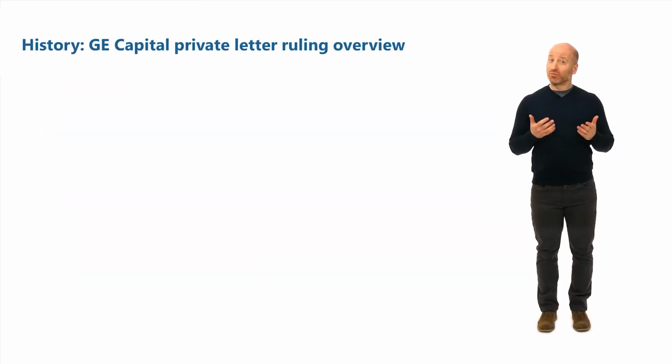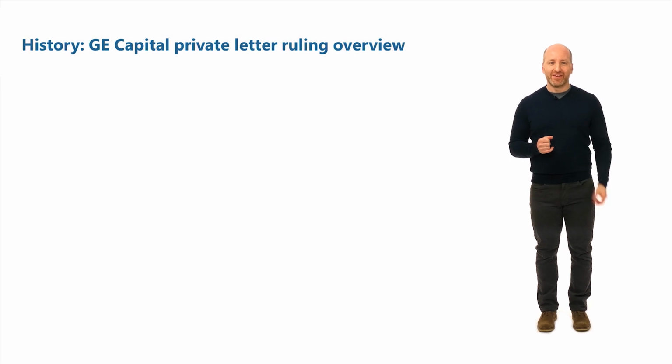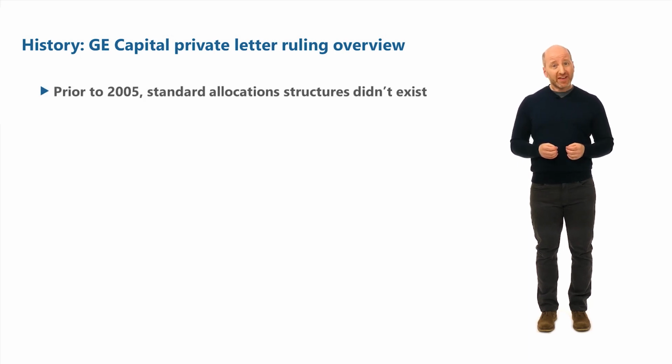We've mentioned this private letter ruling a few times, and I think it's interesting to touch on it since David and I were actually closely involved in its origin. Prior to 2005, tax equity allocation structures were much less standardized than they are today, and different investors displayed a wide tolerance for a variety of allocation percentages and other features that are no longer common.